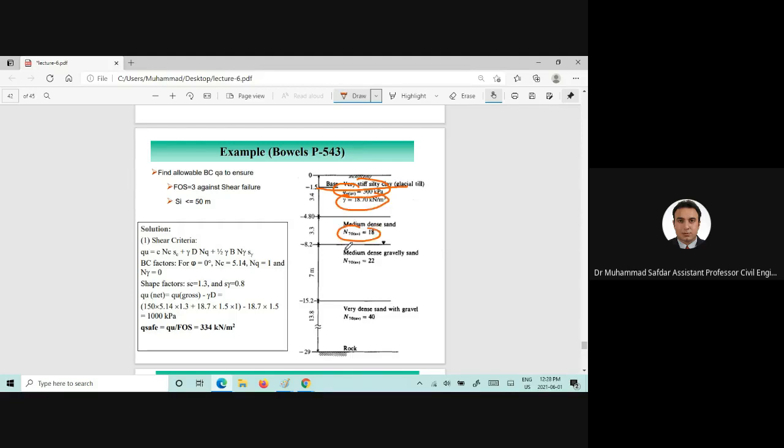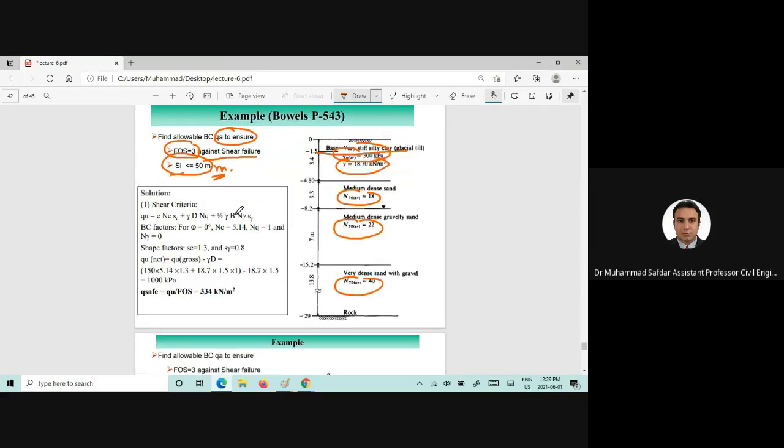N70 average is given for this layer, this layer, and this layer as well. Now we need to find the allowable bearing capacity, Q allowable, but we need to satisfy both criteria. For example, a factor of safety of 3 against shear failure, and the settlement should not exceed 50 millimeter.